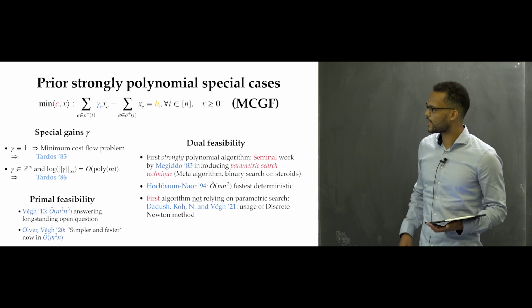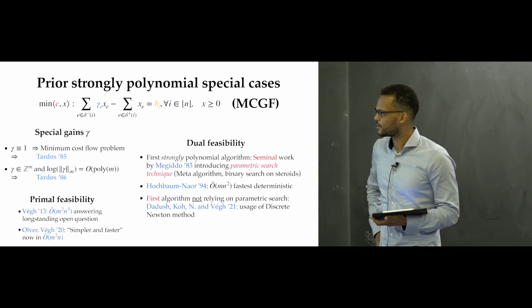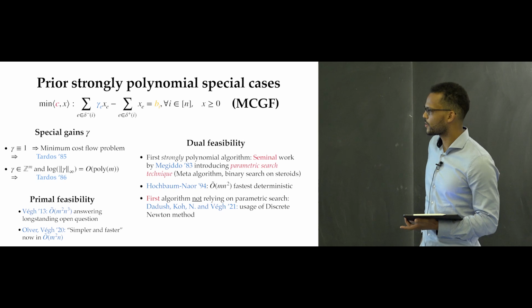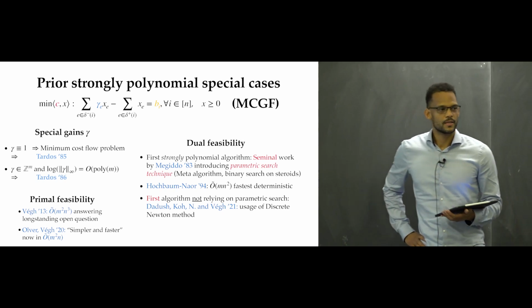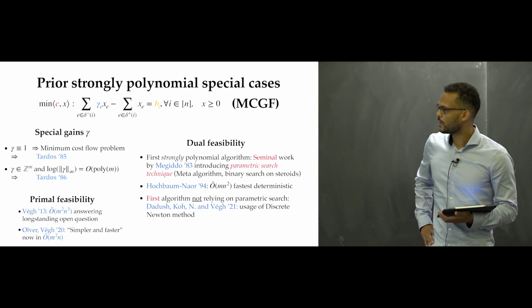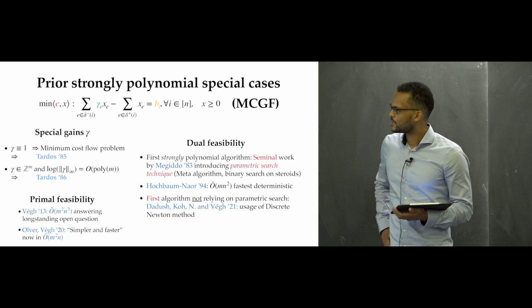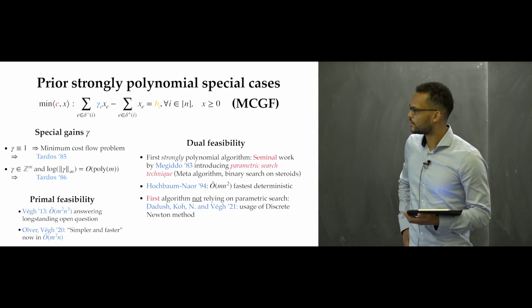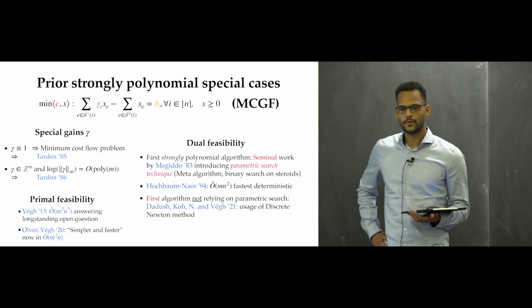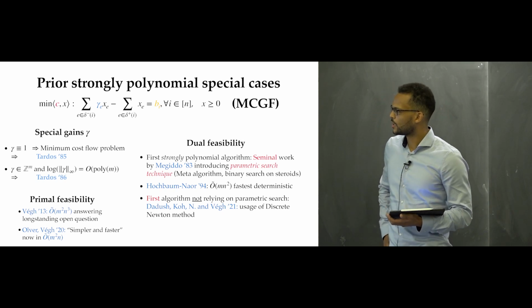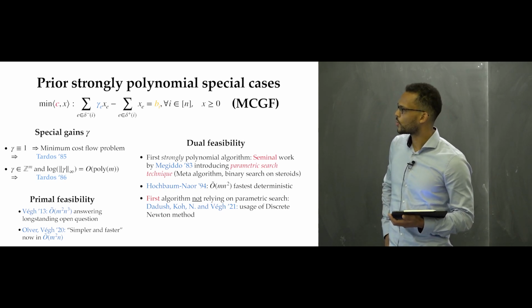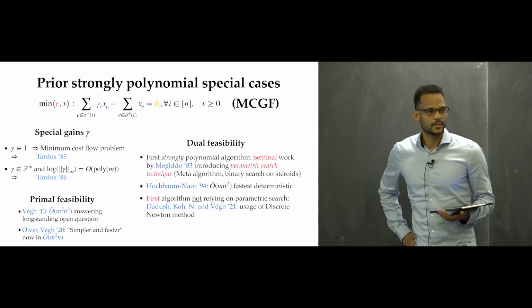It took a very long time, until 2013, to find a strongly polynomial time algorithm, which was simplified in 2020 by Végh and by Olver to an algorithm that is quite competitive in theory, at least: m squared n. Compared to what we know for min cost flow, which would be mn, it's not too much worse.